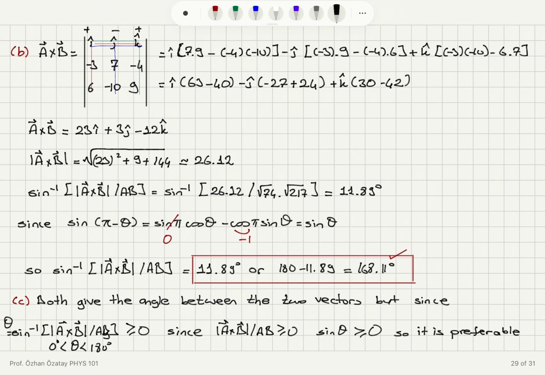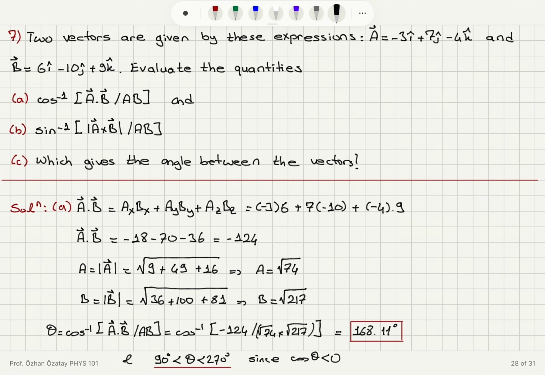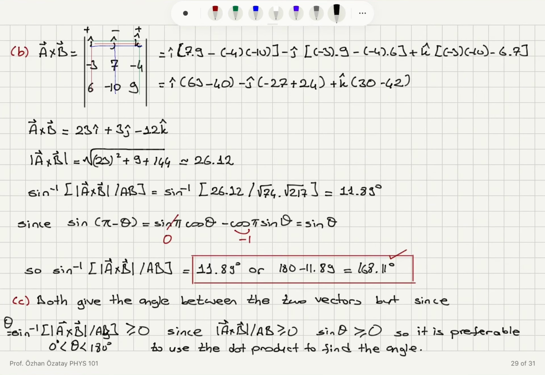Therefore, we see that it is preferable to use the dot product to find the angle. Well, first of all, the calculation is a lot simpler, and second, we have a pretty good idea about the range where we should take this angle to be.